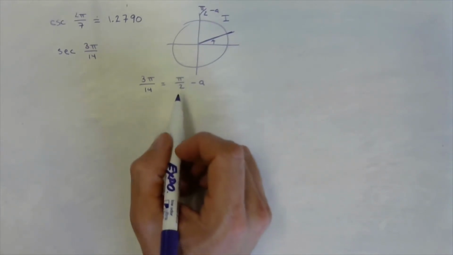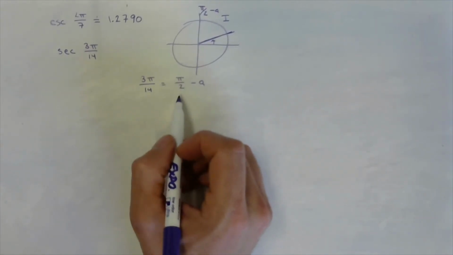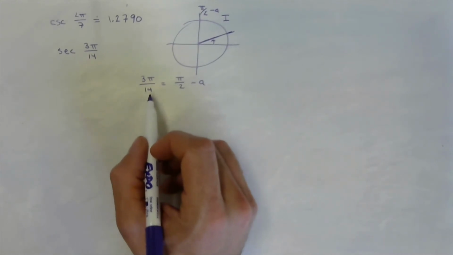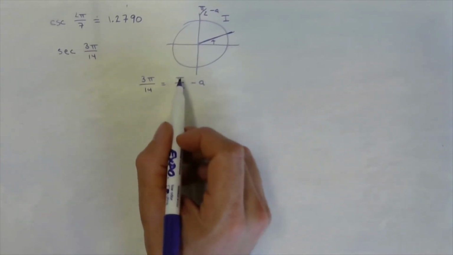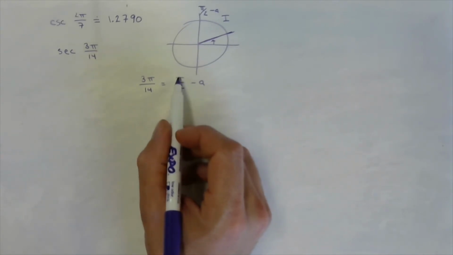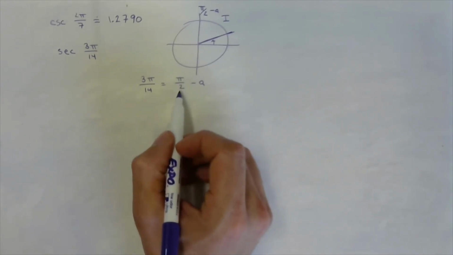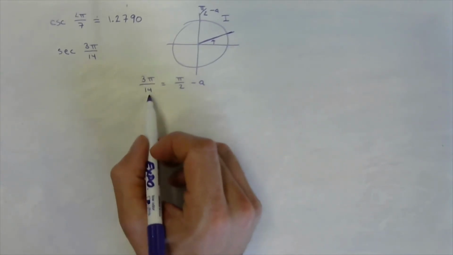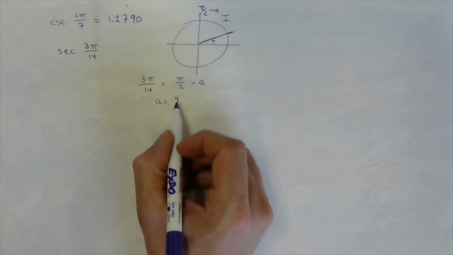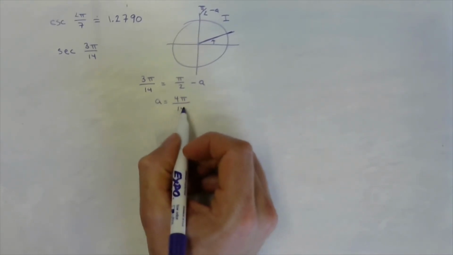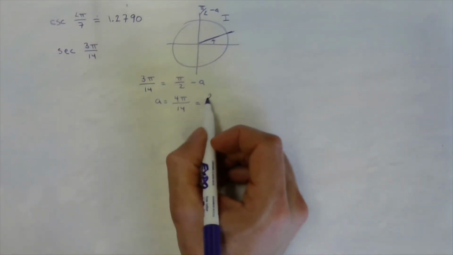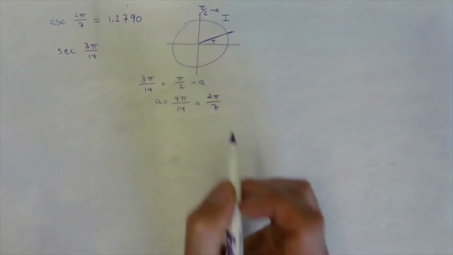Another way to think about it here, I would just express pi over 2 as a fraction over 14. So that would be 7 pi over 14. 7 pi over 14 minus 3 pi over 14 would get me A. So A is 4 pi over 14, which reduces conveniently to 2 pi over 7.